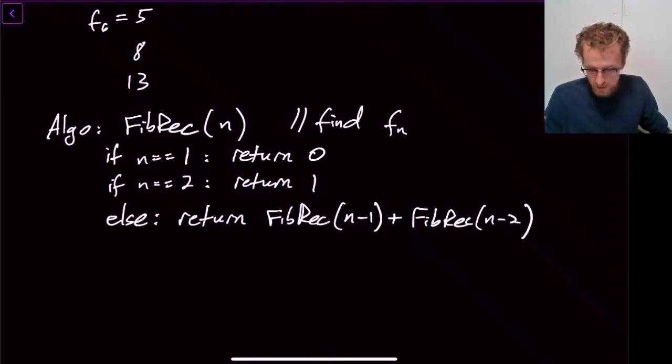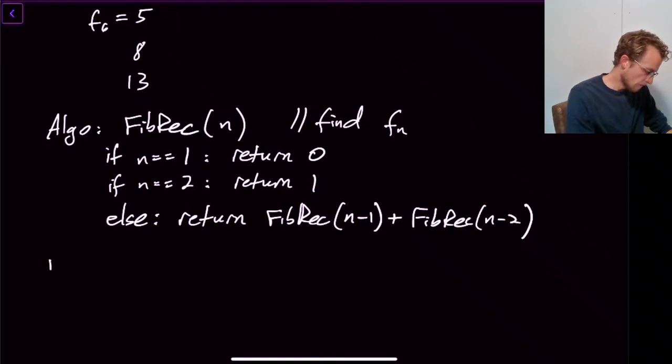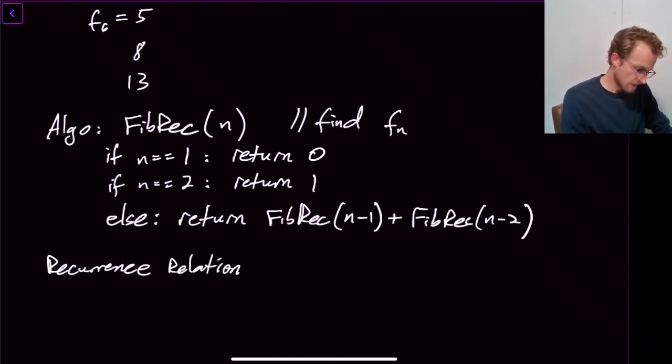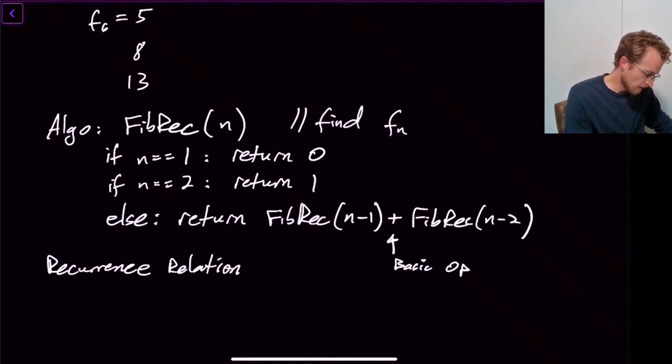Okay, so let's think a little bit about what this algorithm would do. The first thing we could do is write a recurrence relation for it, right? So what's our recurrence relation? In particular, let's think about the sum as the basic operation. So the recurrence relation is going to look kind of deceptively simple.